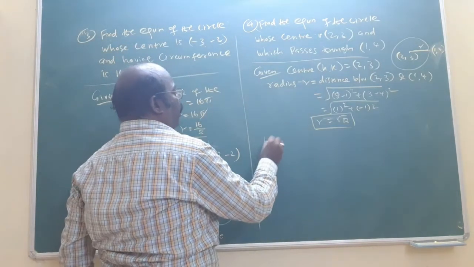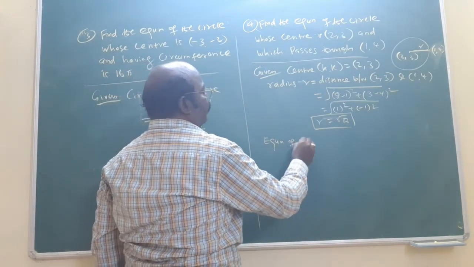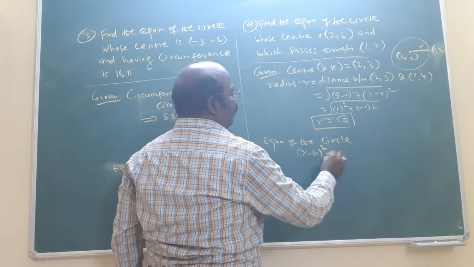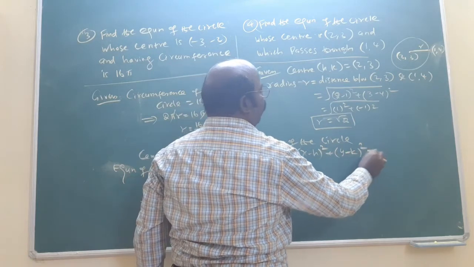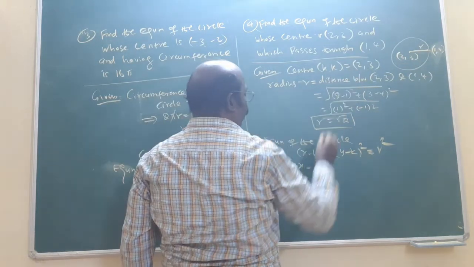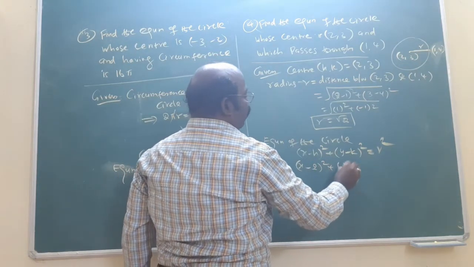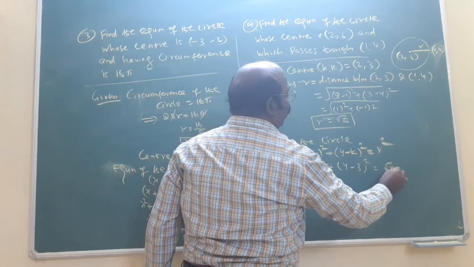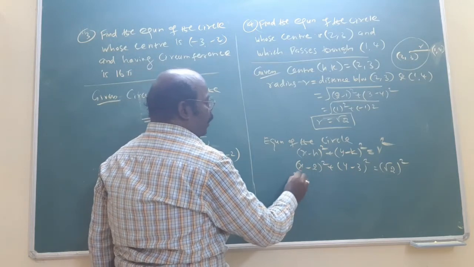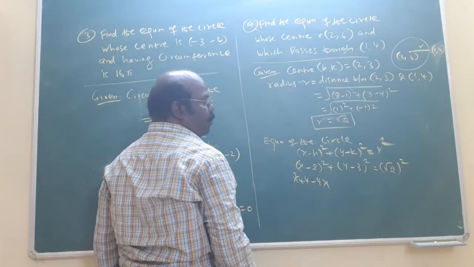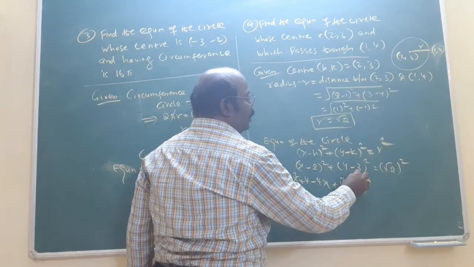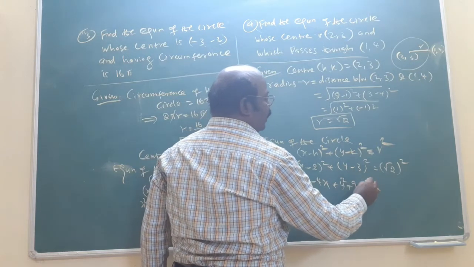That's all. Now the equation of the circle. What's the formula? x minus h whole square plus y minus k whole square equal to r square. x minus 2 whole square, y minus 3 whole square equal to root 2 whole square. Am I right? Now use the a minus b whole square formula: a square plus b square minus 2ab. x square plus y square, plus 3 square 9, minus 2 into 3, 6y.